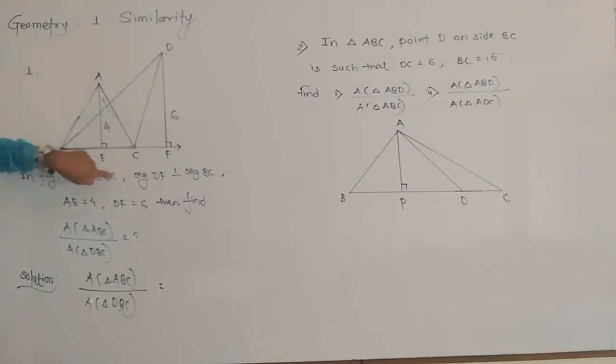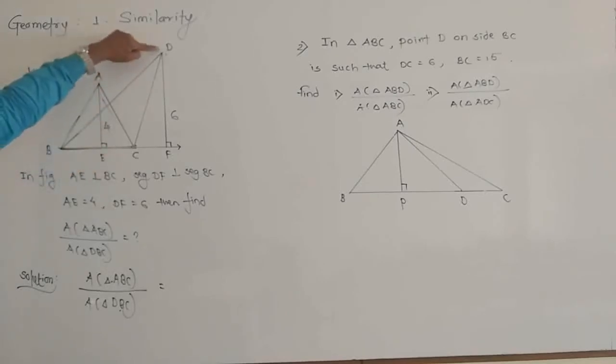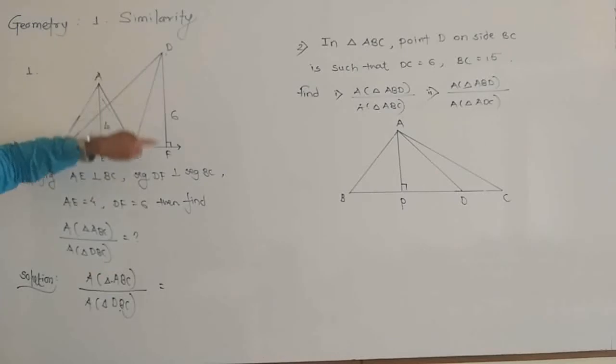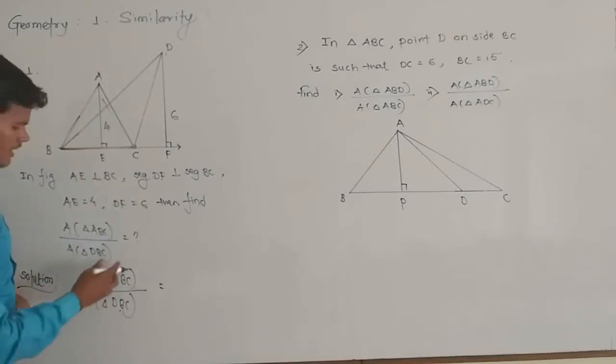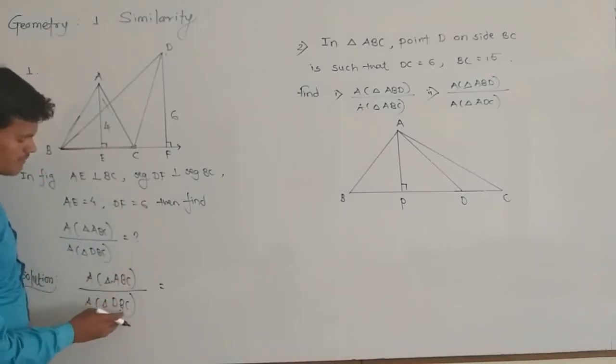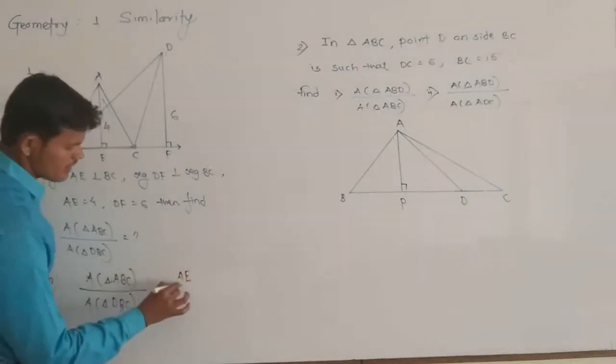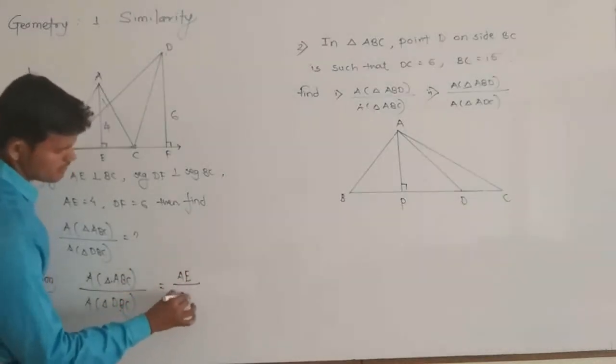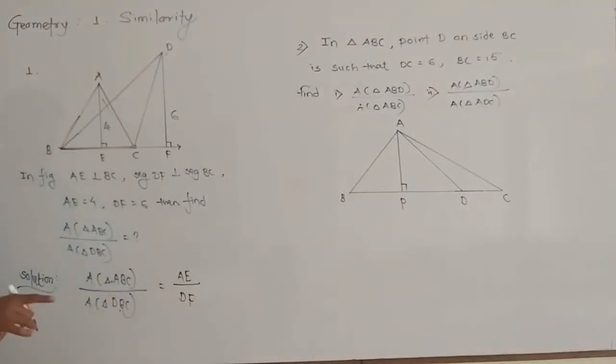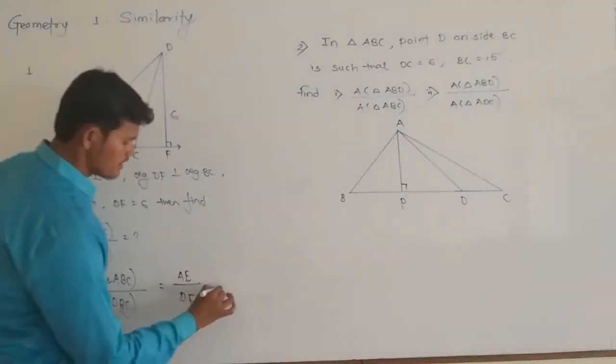For triangle ABC, AE is the height, and for triangle DBC, DF is the height, because it is perpendicular to the base BC. So area of triangle ABC to area of triangle DBC is equal to AE upon DF. Why? We have already seen the reason.